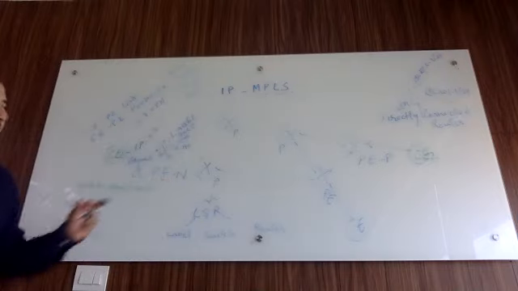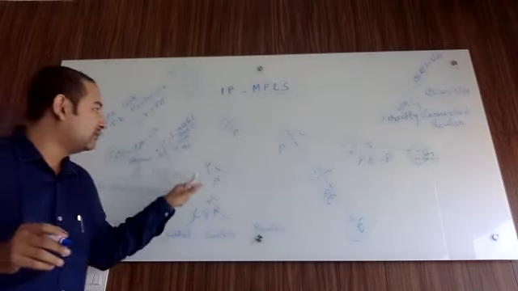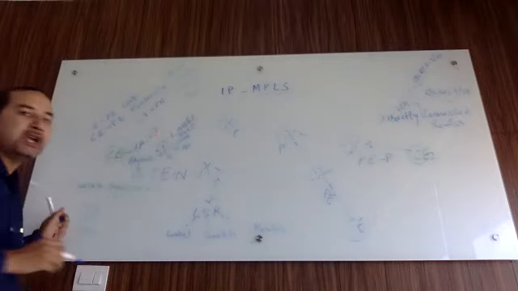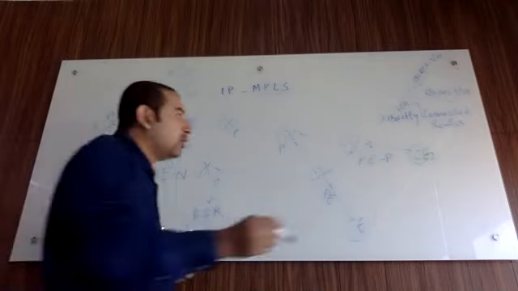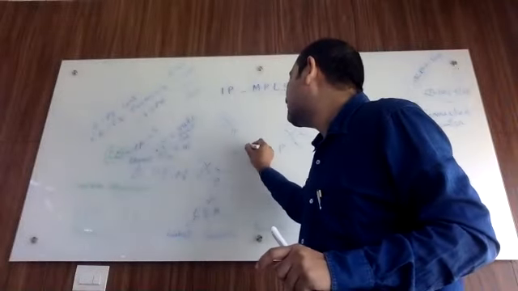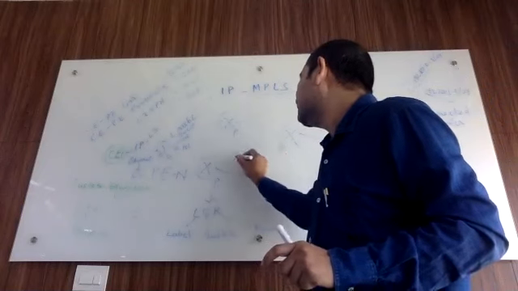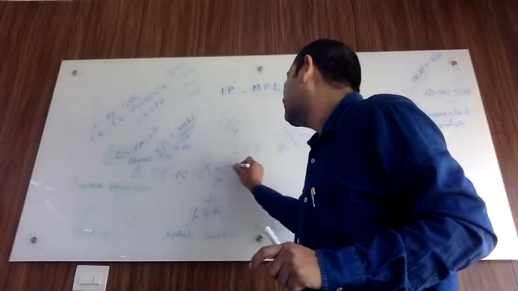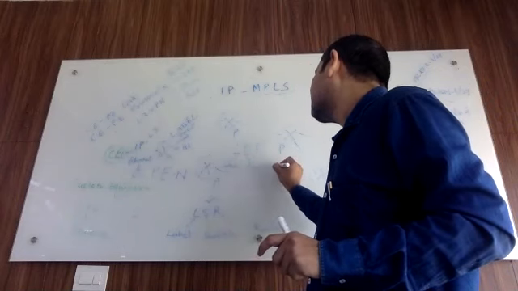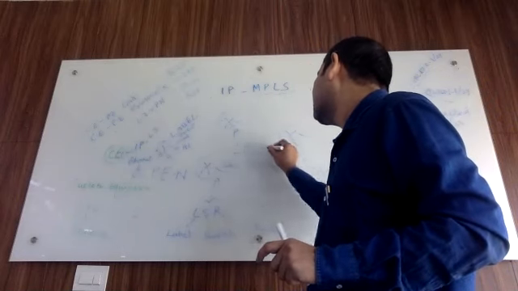These routers distribute the labels for each interface, and they use a protocol for this label distribution, called LDP, label distribution protocol.